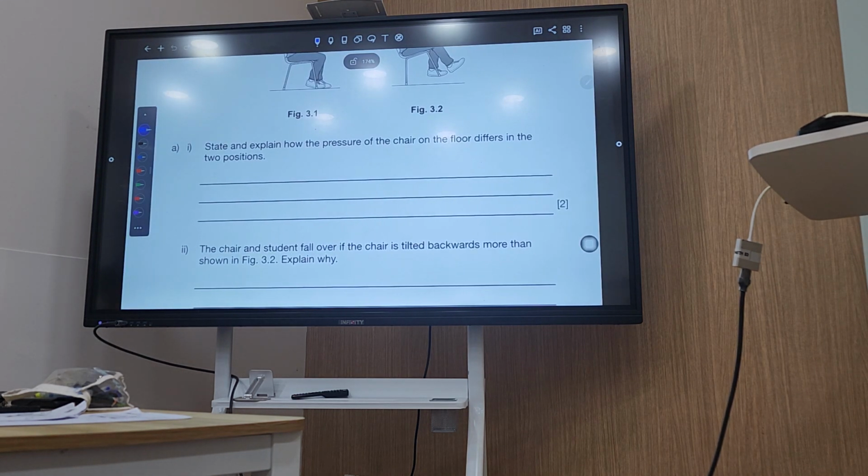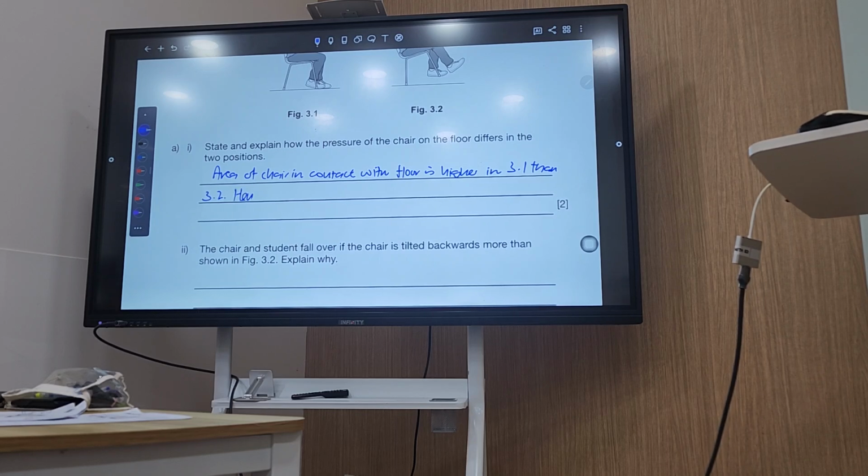Okay, because the area of the chair in contact with the floor is higher or greater in 3.1 than 3.2. Okay, then she brought in, hence, since pressure equals force over area, force per unit area.